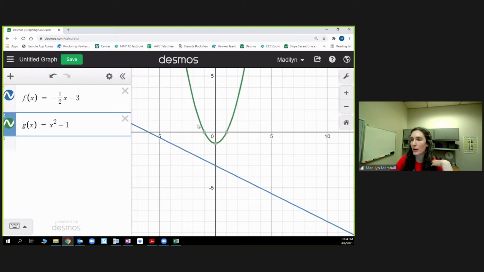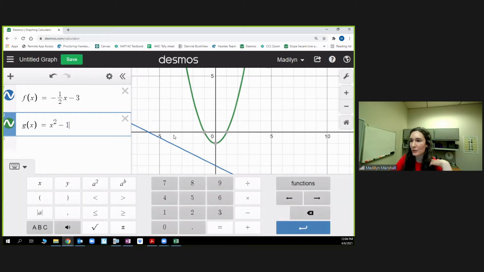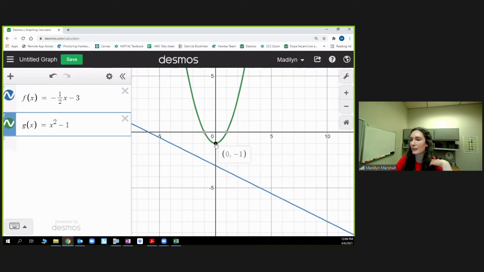G is this parabola, which looks as we would expect. It crosses the y-axis at -1, and then we have this line below it. So I'm going to draw a little sketch of those on our paper.